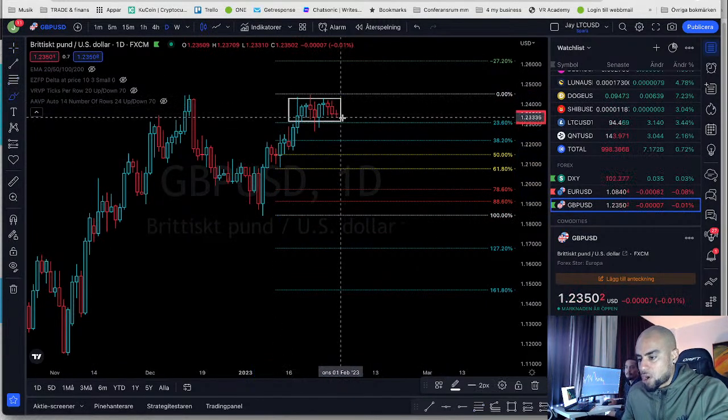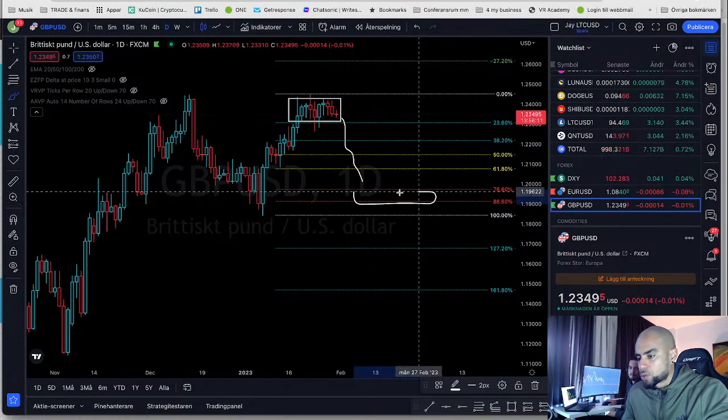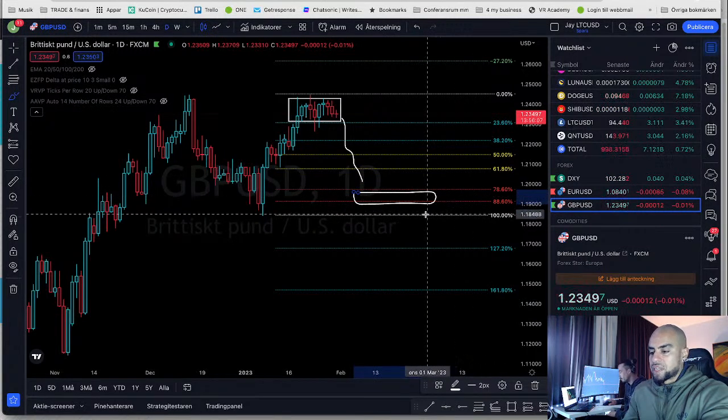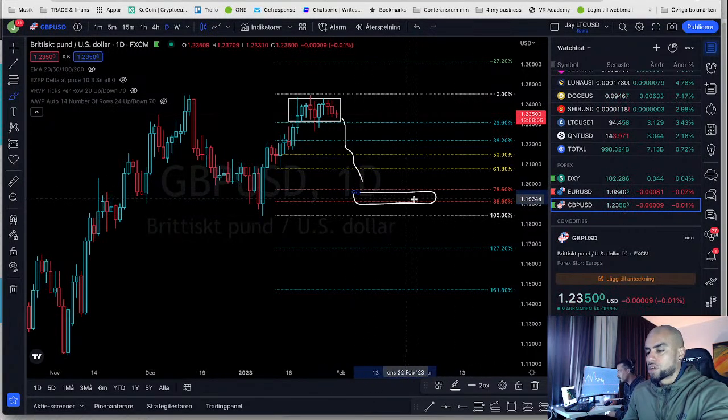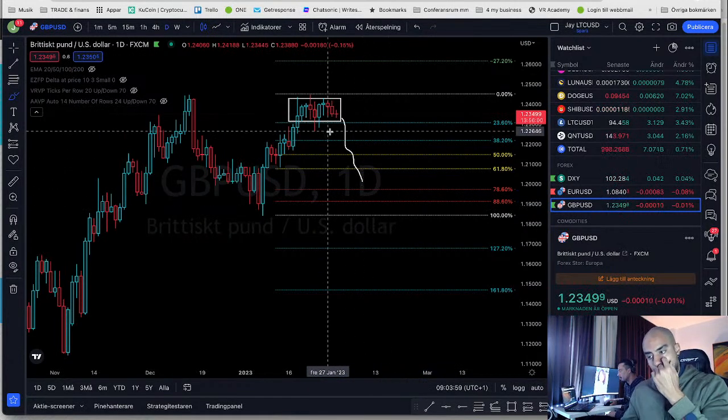And you see the market going down, and this here is the demand zone. All right, so what that means is simply that there's a lot of demand here. There's a lot of orders. There's a lot of unfilled orders here. Buy limits.